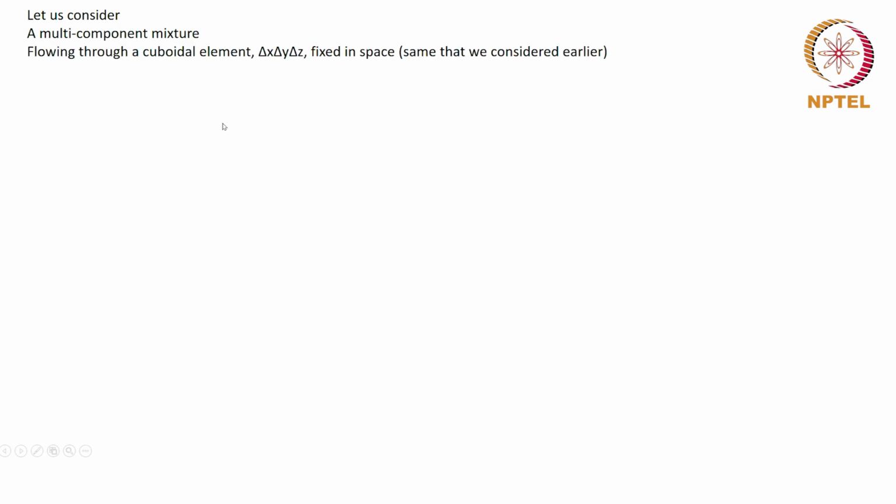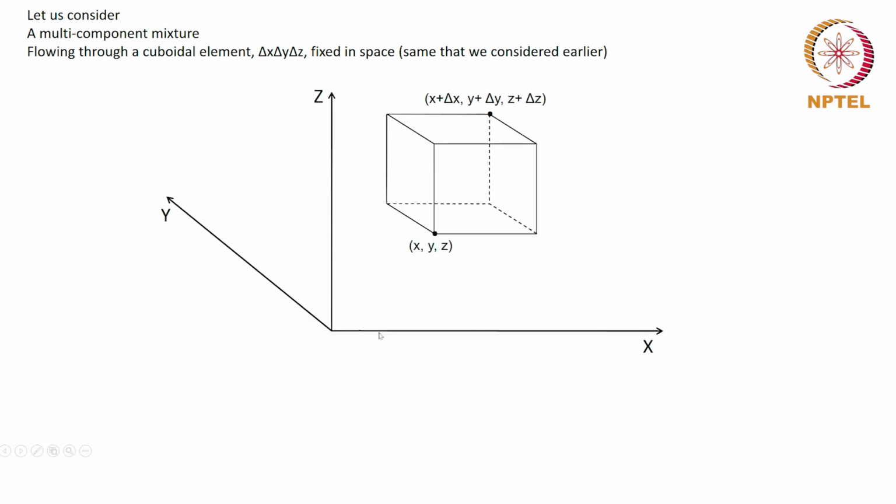So let us consider a multi-component mixture flowing through a cuboidal element delta x, delta y, delta z, the same system as we saw earlier, fixed in space. You have the x coordinate here, the y coordinate here, a right-handed coordinate system, therefore this is the z.